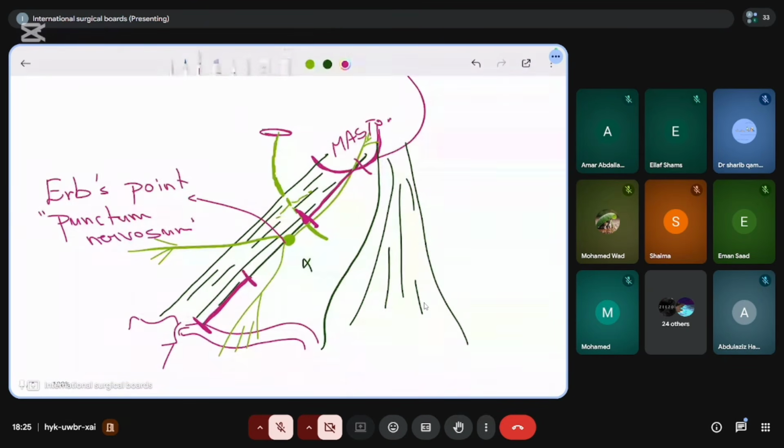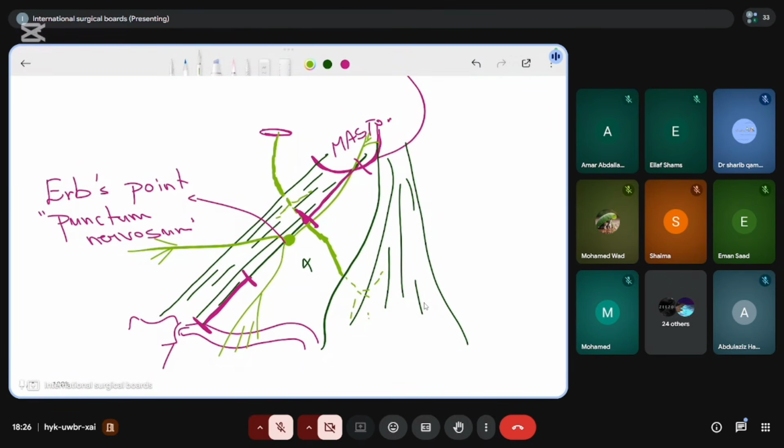It comes out here, junction of upper and middle thirds, 2 cm above punctum nervosum. And then now it is in the posterior triangle of the neck, deep to the prevertebral fascia. It will move deep to the prevertebral fascia, moving down, and disappear again under trapezius and supply trapezius.